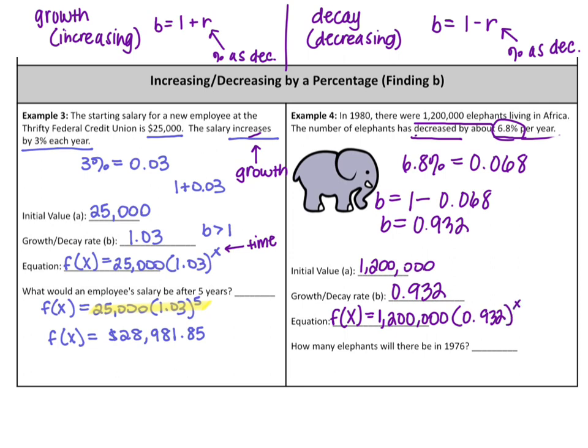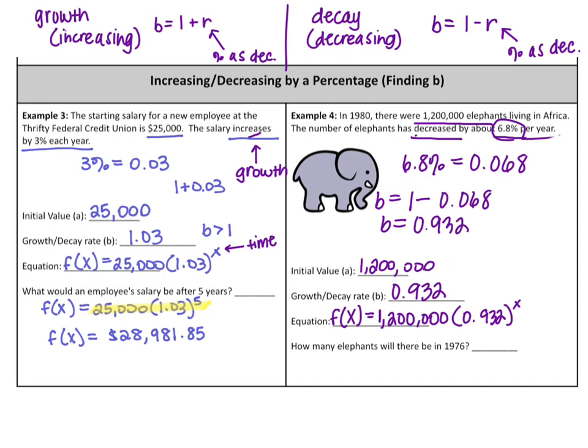X again represents time in years, and then I can use this equation to find out how many elephants there will be in 1976. I have to look at this one to see how many years have passed from 1980 to 1976. That seems to be working backwards, actually, which is kind of weird.